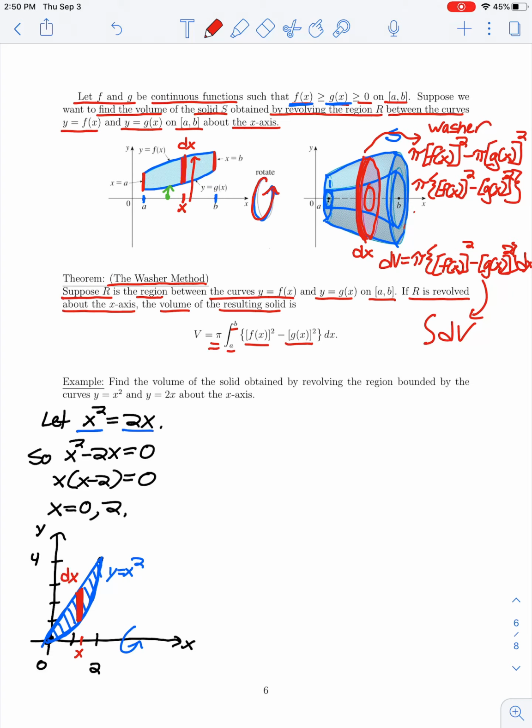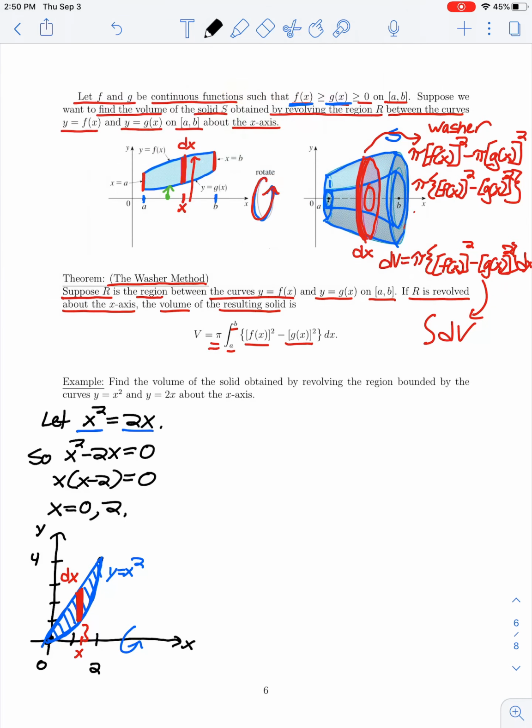Now I can see if I revolve that slice about the x-axis, I would get a washer instead of a disk. Why not a disk? Well, the edge of my region doesn't come in contact with the x-axis, so it's going to have some hollowed out portion through the middle. It's not a solid disk, but a washer.